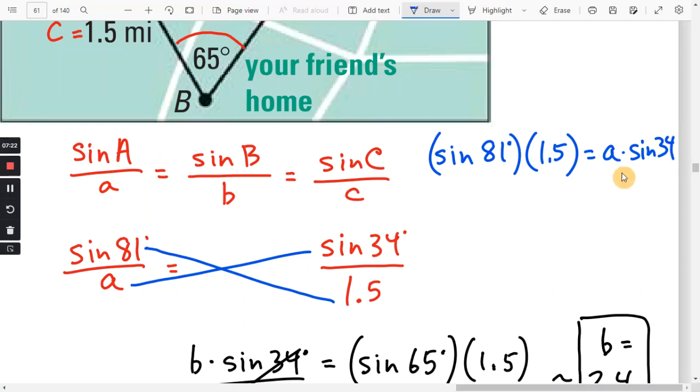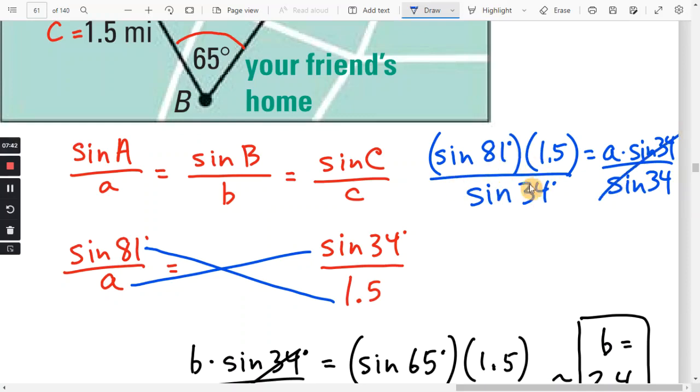Solving for a, the opposite of times sine of 34 is divided by sine of 34. We do that to both sides, and of course the 34 is in degrees. On the right, sine 34 over sine 34 cancels.